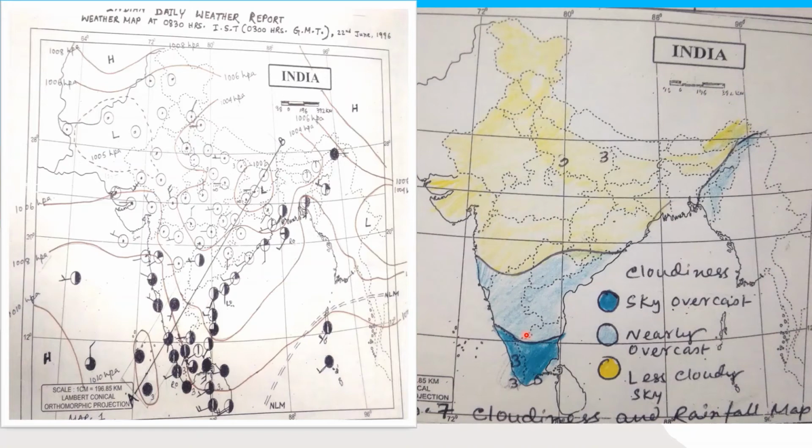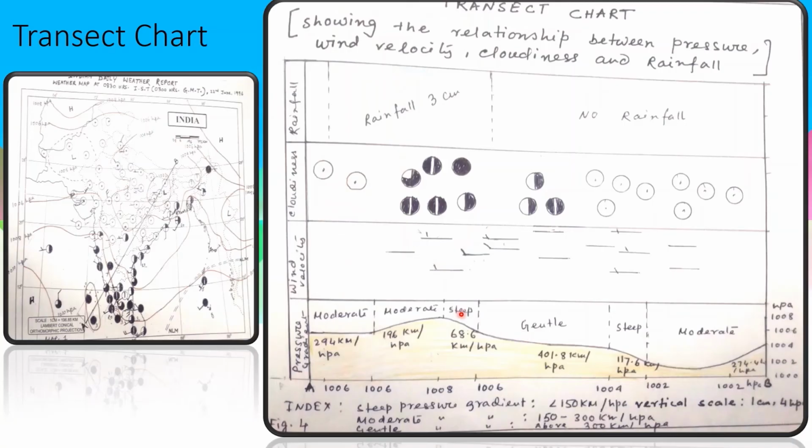Rainfall is also received in Assam and Uttar Pradesh. In these states, rainfall recorded is 1 centimeter to 3 centimeters. Next, to study the correlation between air pressure, wind, cloudiness, and rainfall.